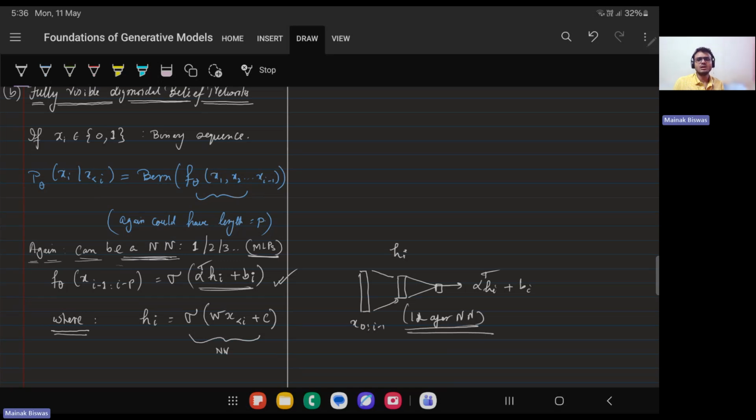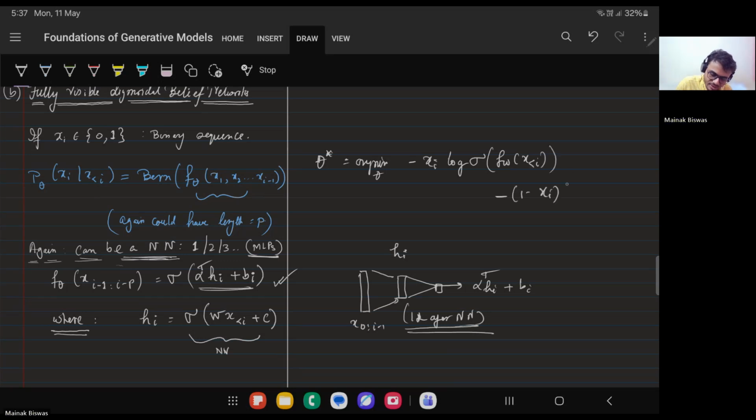Then you can make the model learn on a binary cross entropy loss and so on. So here the loss, the weights theta star, would be the mean over theta of minus x_i log of sigmoid of f_w of x_{<i}, minus (1 minus x_i) log of 1 minus sigmoid of f_w of x_{<i}.